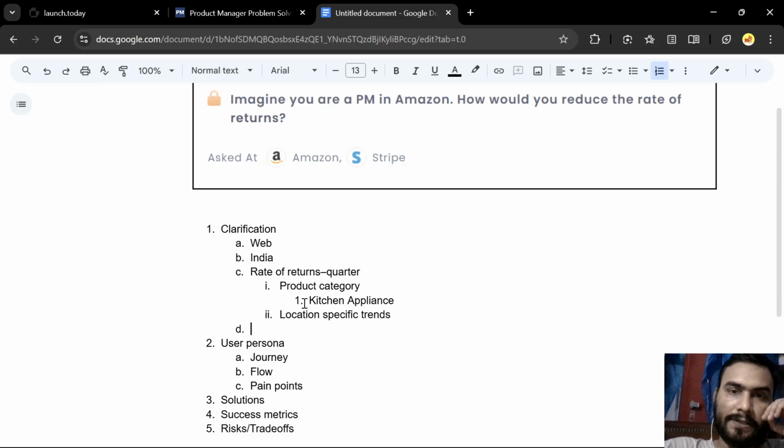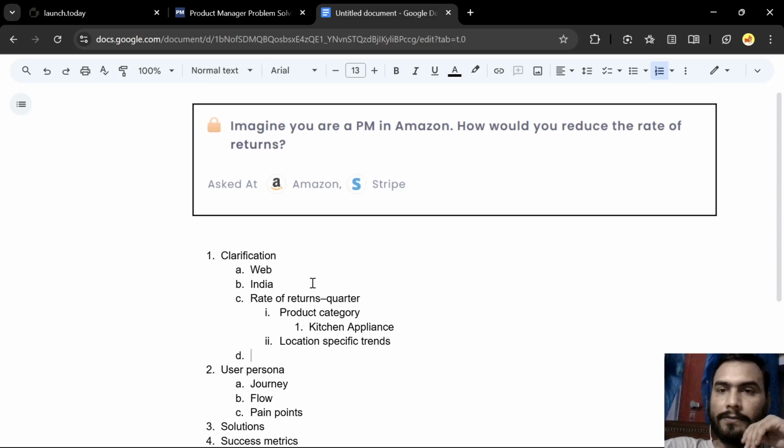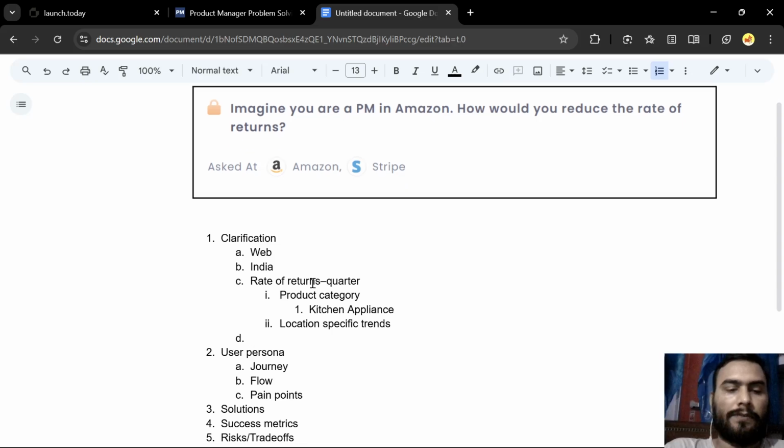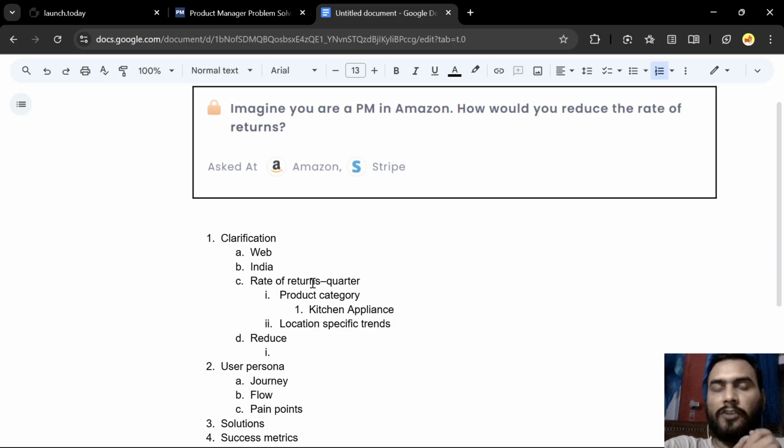But at this stage, let us think about this. When we say reduce the rate of return, we are looking at rate of return as a metric, and this is in the form of a percentage.